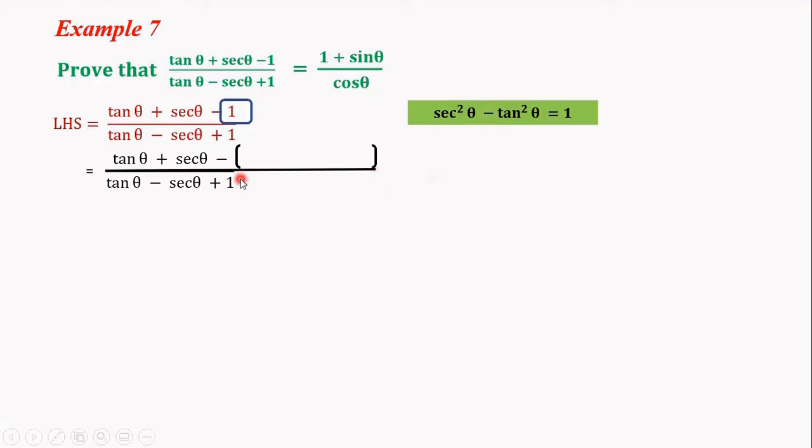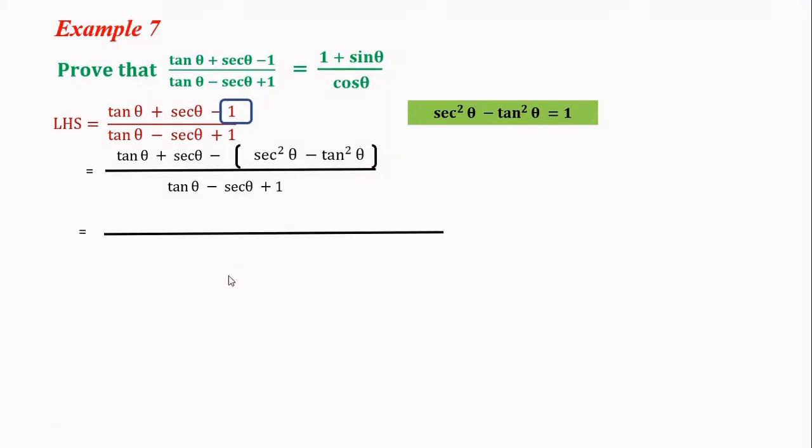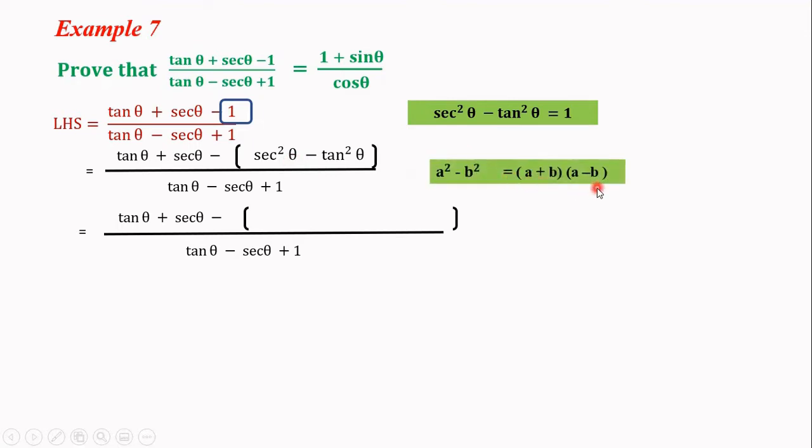Okay, bracket is here. Now let's use the formula for 1, that is sec square theta minus tan square theta. Next step, again, there's no changes in denominator and the first two terms of the numerator are here. Inside this bracket, sec square theta minus tan square theta. It is in the form of a square minus b square, whose formula is a plus b, a minus b.